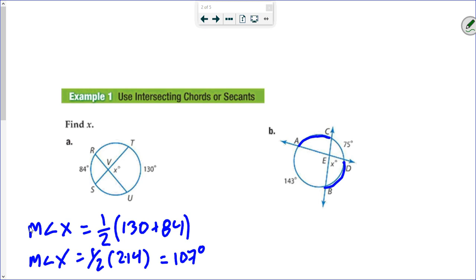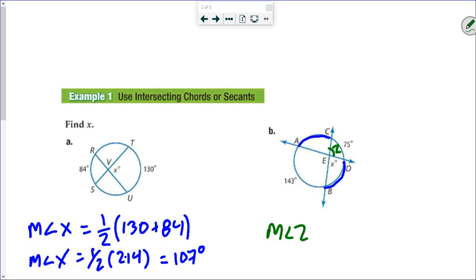What I do see here, though, is that angle x and this angle I'm going to highlight here would be supplementary. So if we could find our green angle, let's call that angle 2, the measures of angle 2 and x should be supplementary. They should add to 180.